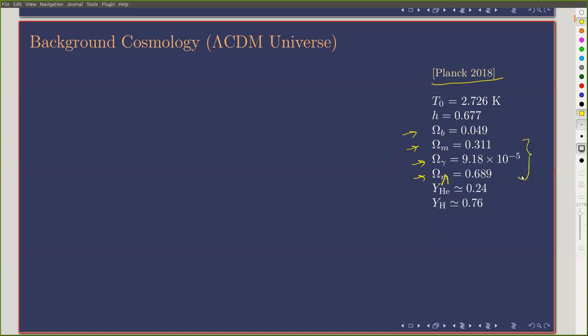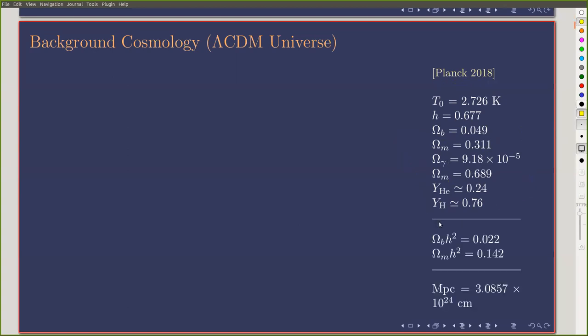Together these three make one. And these are the fractions of helium and hydrogen as a fraction of baryon density, and together they also approximately make one. In this case we are assuming that the universe is flat, so we only have these three components.